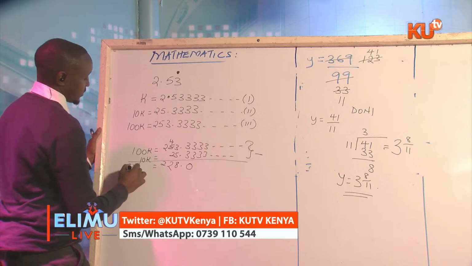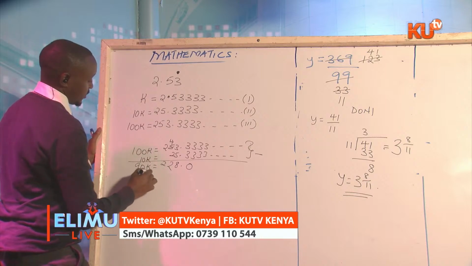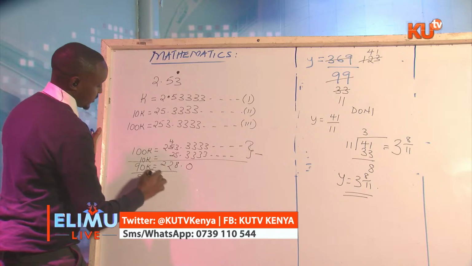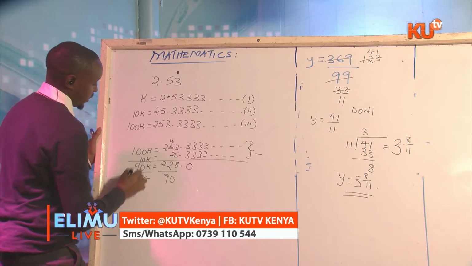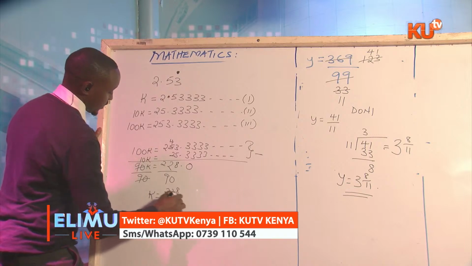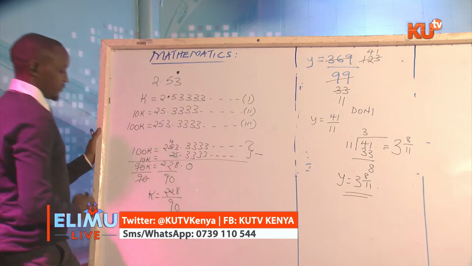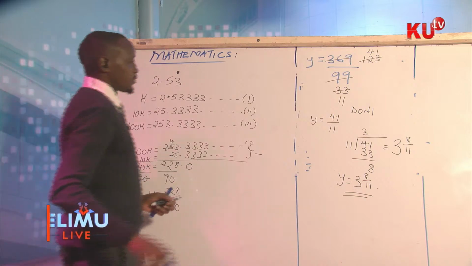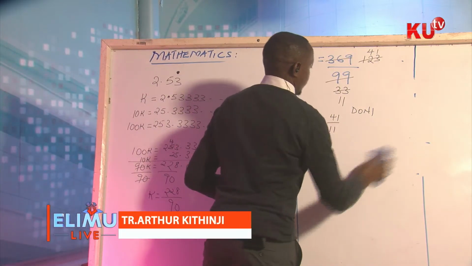100k minus 10k is 90k. Divide both sides by 90. 90 will cancel, so that our k is 228 divided by 90. Still, learners, we have to leave our fraction in the simplest form.